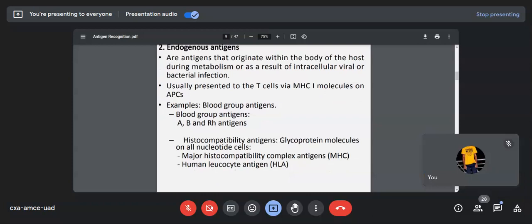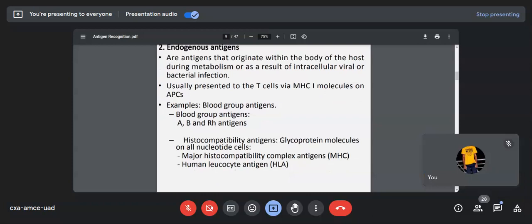All body cells possess MHC class 1. But only antigen presenting cells possess MHC class 1 and class 2. When a cell misbehaves, it's going to lose its MHC class 1.